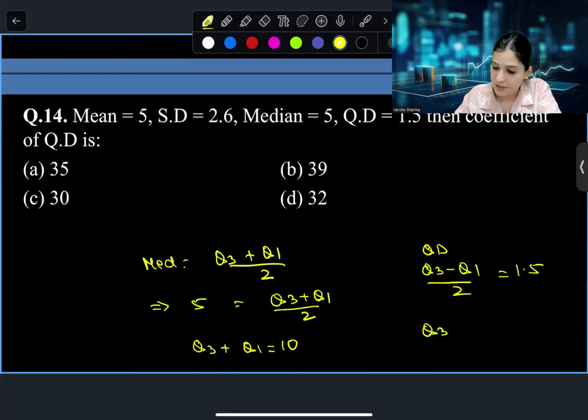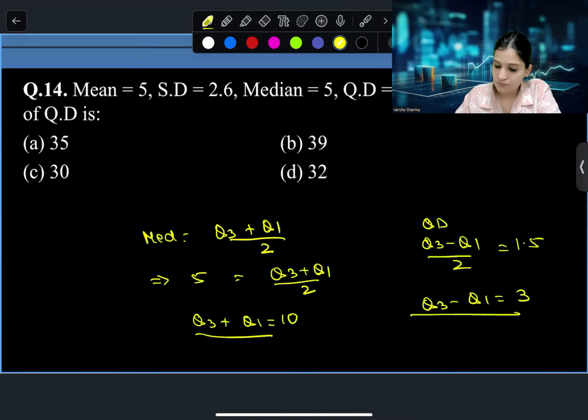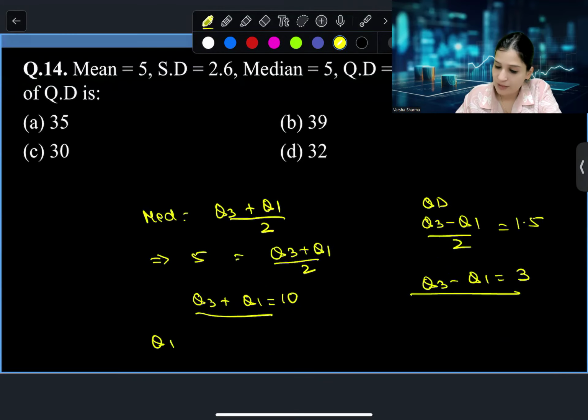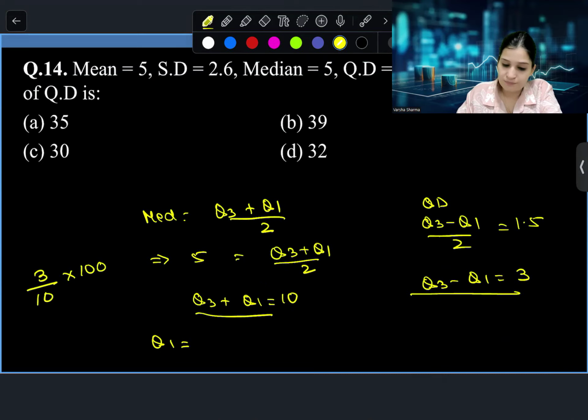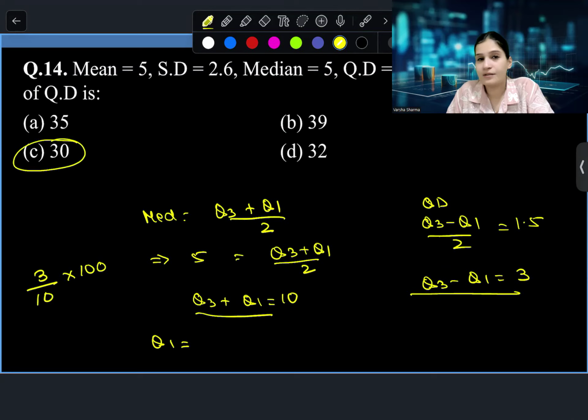So Q3 minus Q1 is 3. Use both of them. What do we need to find? Coefficient of quartile deviation. So (Q3 minus Q1) by (Q3 plus Q1) into 100. That is 30. Mean is irrelevant. I don't know why they gave it to us.